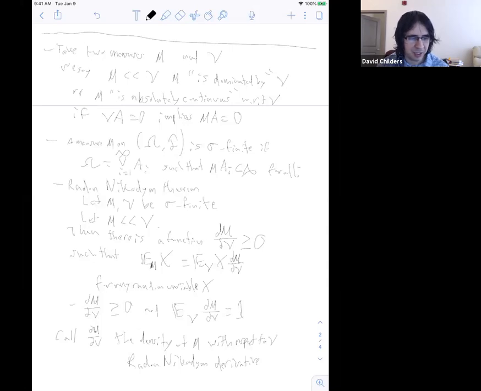And then the point of being absolutely continuous, that's also the idea that, if we take a set of nu measure 0, and we try to calculate the mu measure by multiplying by some random variable, 0 times anything is going to be 0. And so we can't, in this multiplicative fashion, get a number that's non-zero if the set has nu measure 0 and mu measure greater than 0.